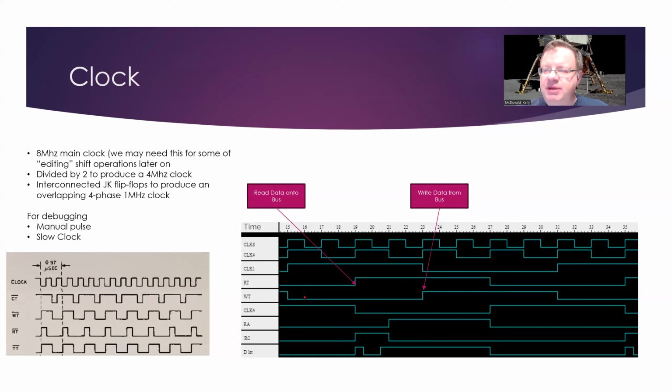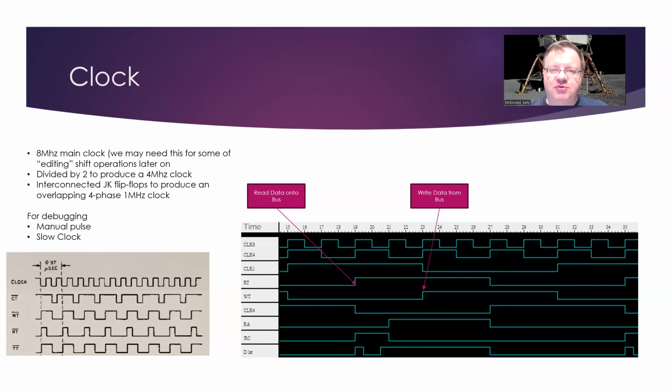The way that we've implemented things on the replica is that right now I'm using an 8 megahertz main clock, so 8 times faster than the computer would operate. The reason I've selected 8 versus just using a 1 megahertz clock is that, as I've started some of the preliminary design of the memory register, the G register, there are some interesting shift functions, what they call edit functions.